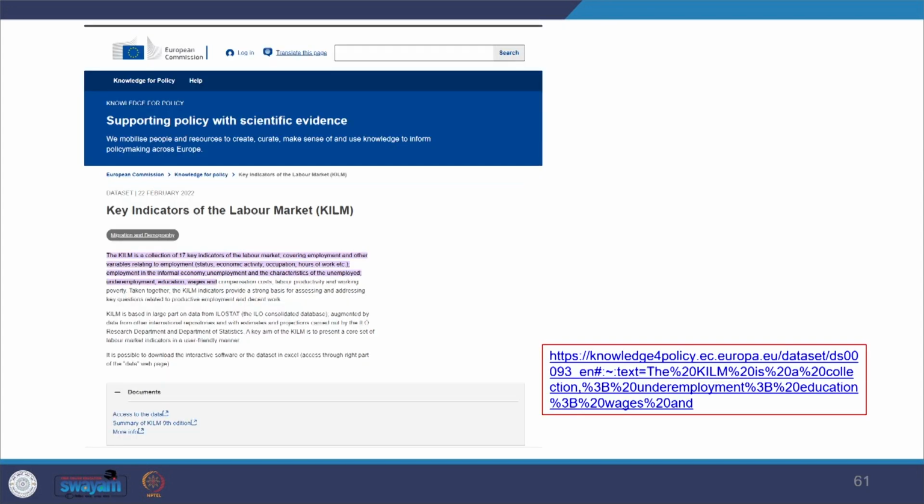Then you also have the Key Indicators of the Labour Market, KILM, which is a multifunctional research tool, also done by the ILO Department of Statistics. They use certain sets of country-level data and indicators, like 17 key indicators for the labor market.